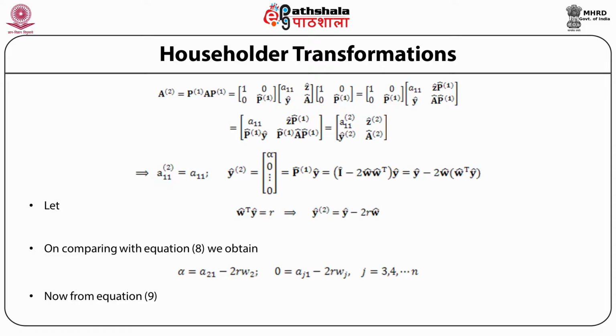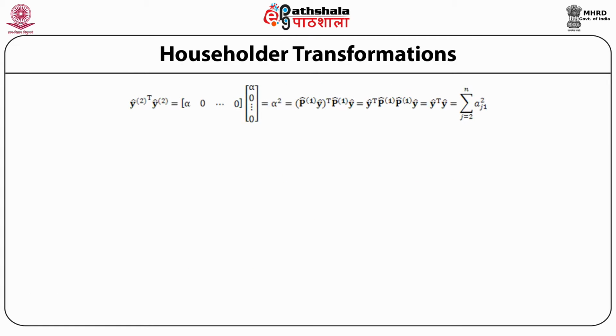Now from equation 9, Y^{(2)T} Y^{(2)} = (alpha, 0, 0, ...)(alpha, 0, 0, ...)^T, which equals alpha squared. This is further equal to (P^{(1)} Y)^T (P^{(1)} Y) = Y^T P^{(1)} P^{(1)} Y = Y^T Y, which equals the summation over j equals 2 to n of aj1 squared.